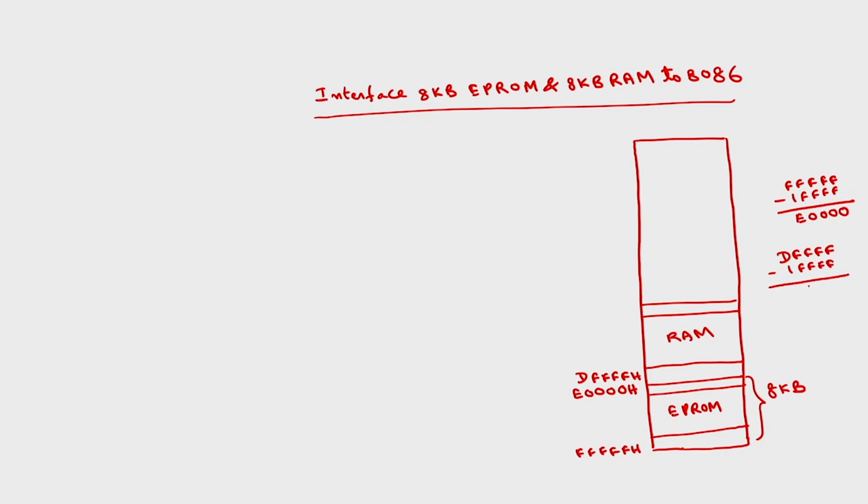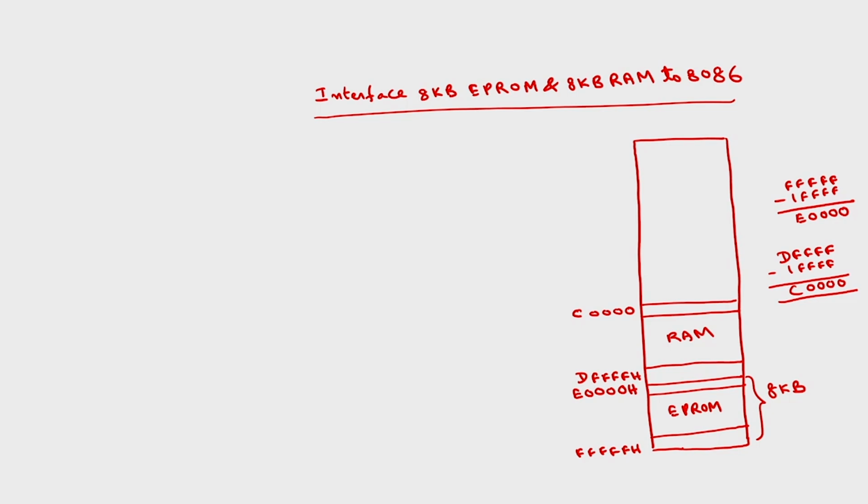So this will be C0000H to DFFFFH. Now in order to interface this, we have to write the memory map of these particular addresses.